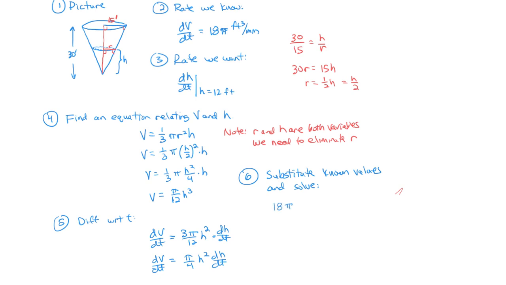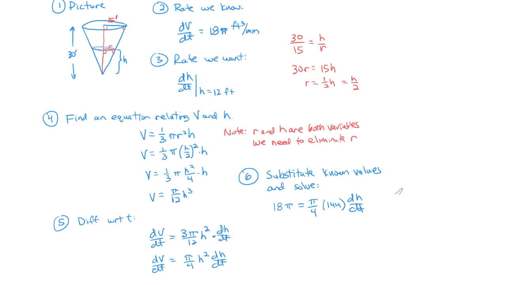18 pi equals pi over 4 times h squared. Well, h is 12, so h squared is going to be 144. And then dh/dt. So let's see, if we clean this up, 144 divided by 4 is 36.